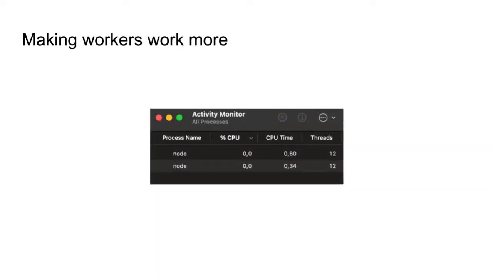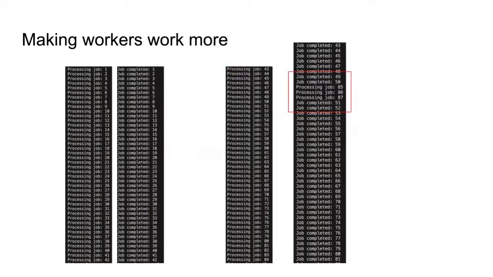I have 2 processes, each with 12 threads. And notice that now I have many jobs being processed on the left. Then 42 jobs are completed just on its side. But I wanted to take a look at this red square: when job 50 was completed, it started processing job number 85.